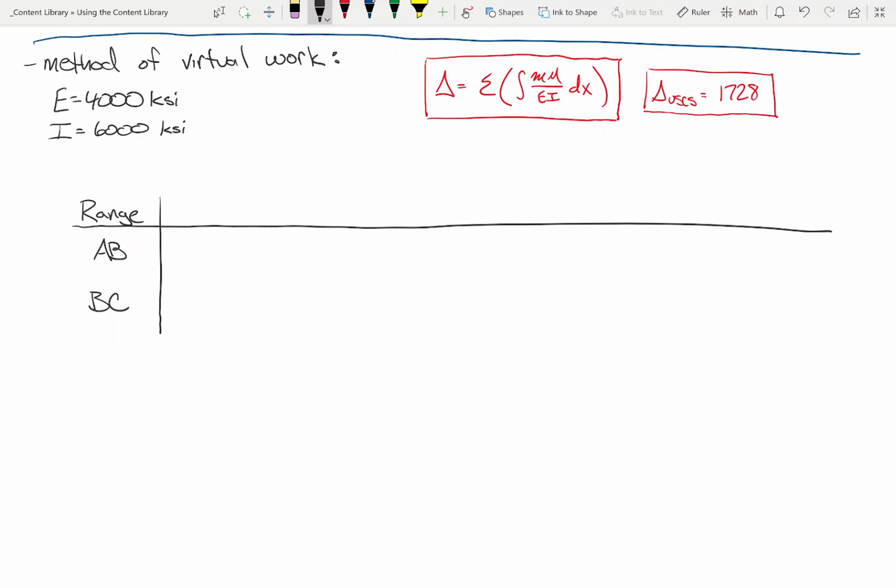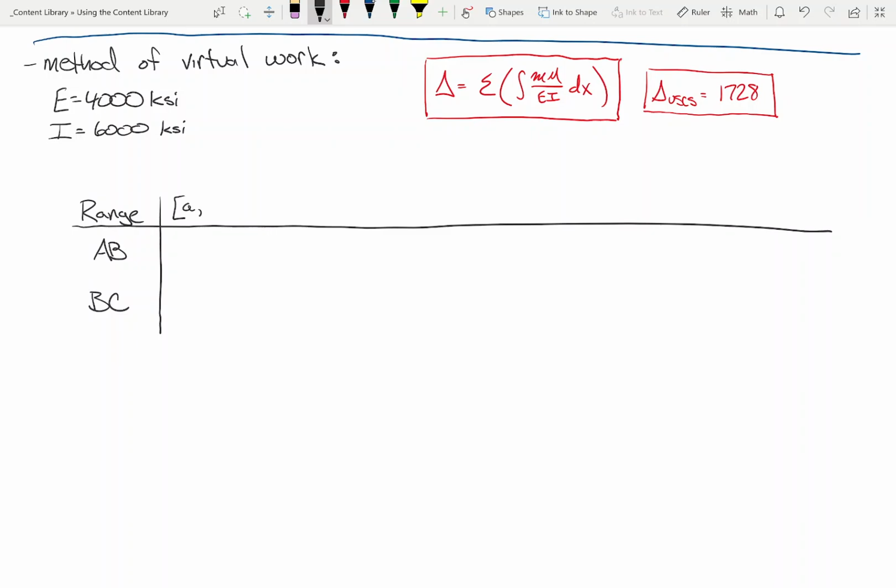Okay? So you have to account for the entire beam. So if the beam was like, so we have a beam that's like A, B, C. If the beam was from A to point G, we'd have to have an AB region, a BC region, a CD region, DE, so on and so forth, right? Some of them we might be able to combine, but as long as we fully envelop the beam, then we're good, okay?